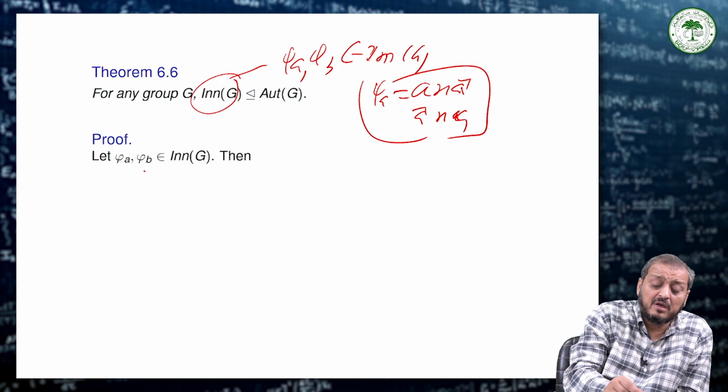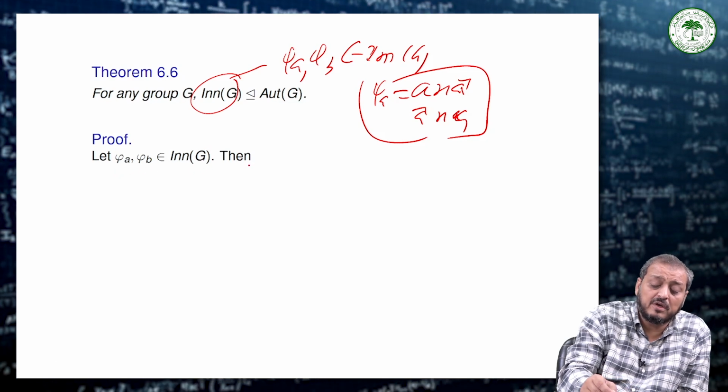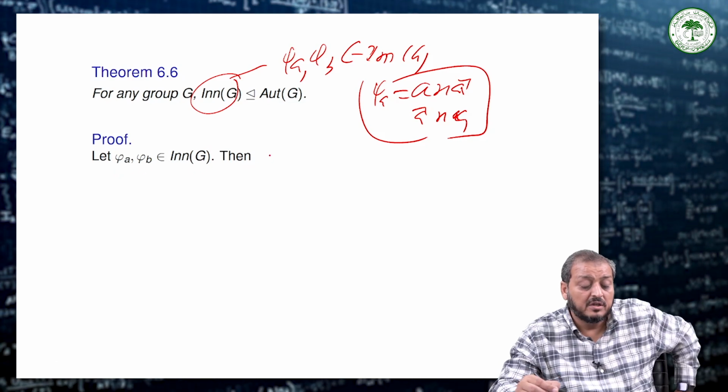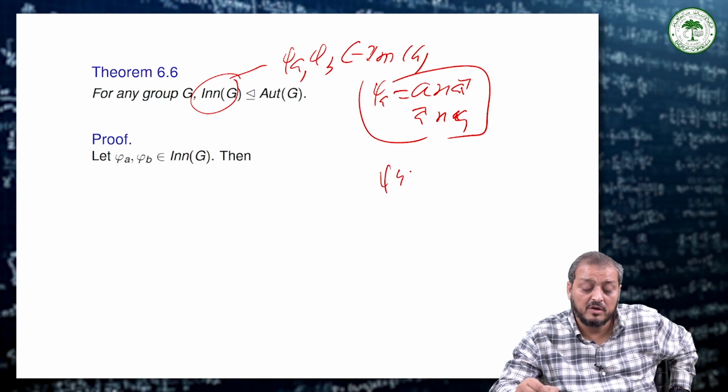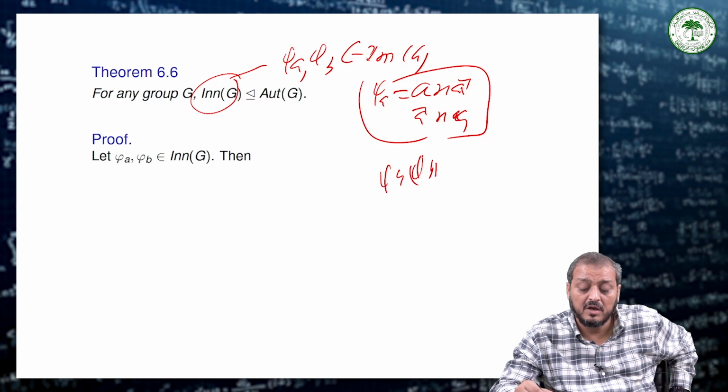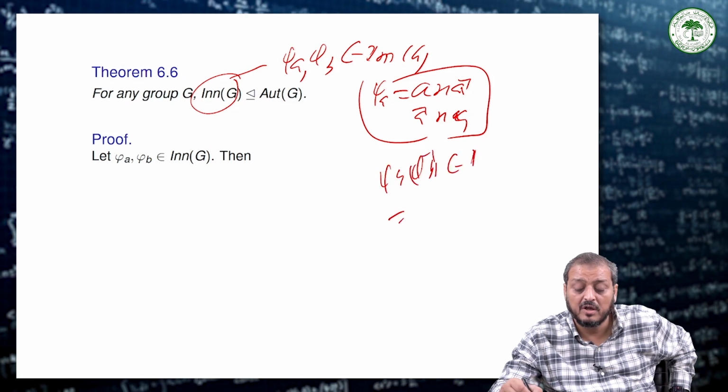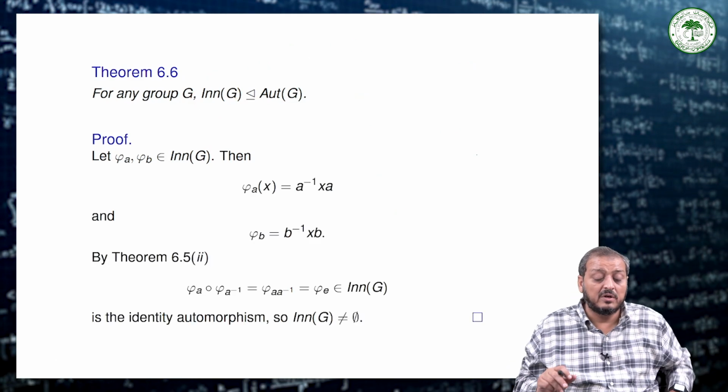So phi of A is an element of inner of G, and phi of B inverse is an element of inner of G. Then we have to show that phi of A composed with phi of B inverse is also an element of inner of G. So let's start.